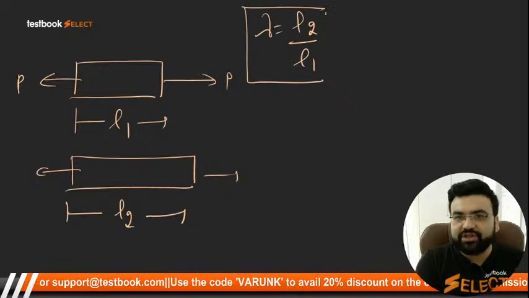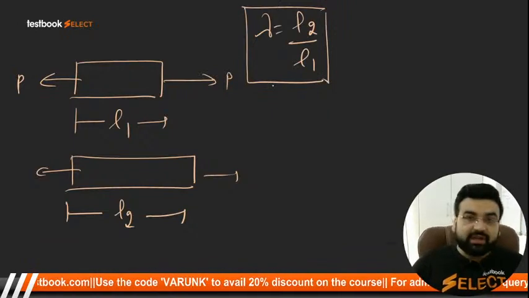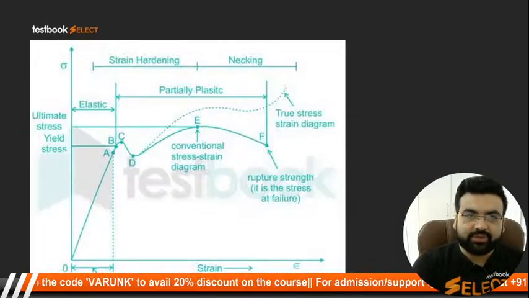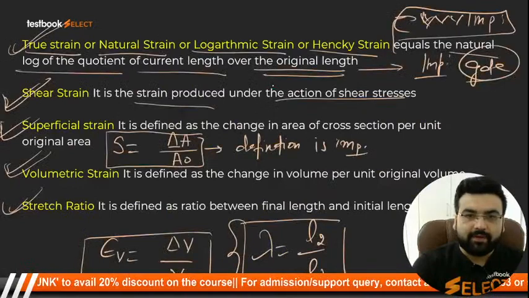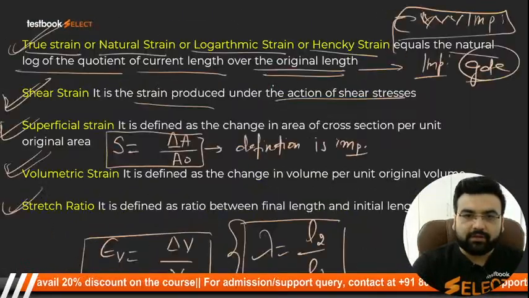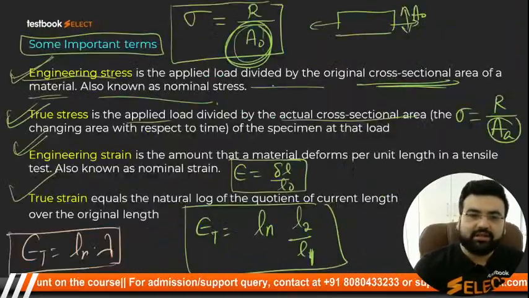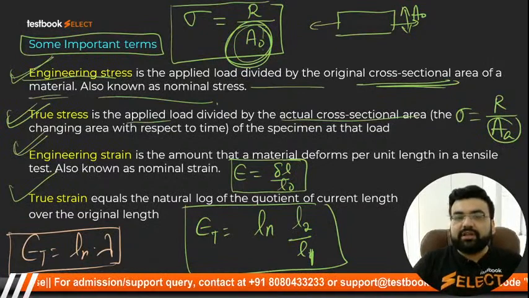This is what the stretch ratio, or lambda, is. Clear, students? I have also written here that epsilon t is equal to ln of lambda.